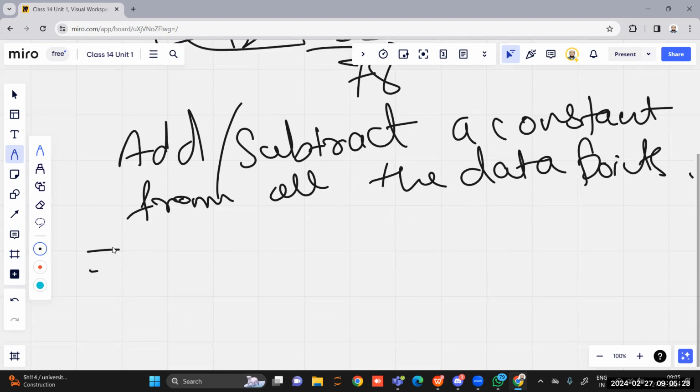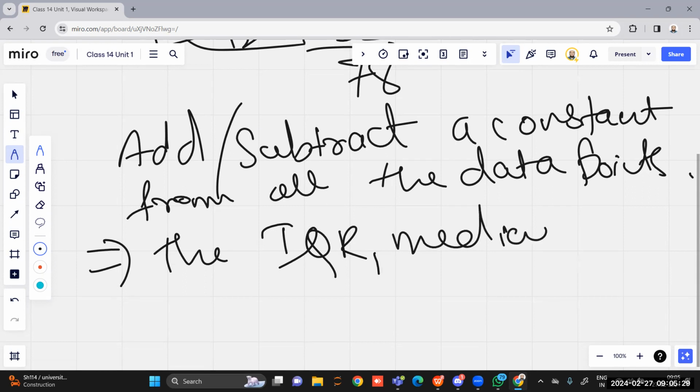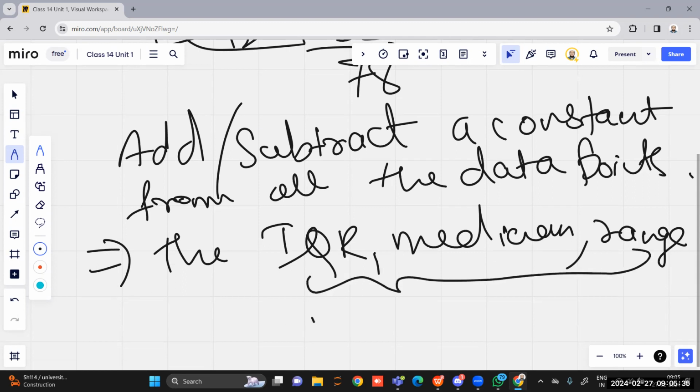The IQR, the median, and the range, all these three are the measures of variability.